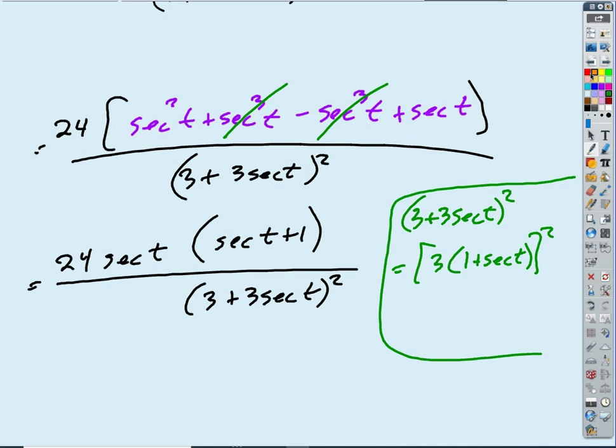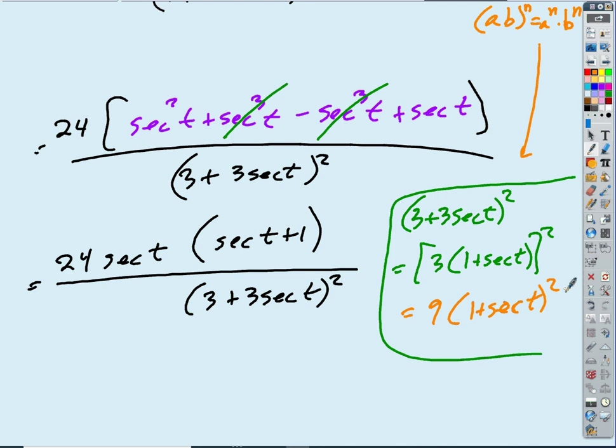You remember this property from algebra 2: if I have a times b to the n, that's equal to a to the n times b to the n. So we can apply that here, and that would become 3 squared times 1 plus secant t squared. Then we could cancel the 1 plus secant t and have a 9 on the bottom.